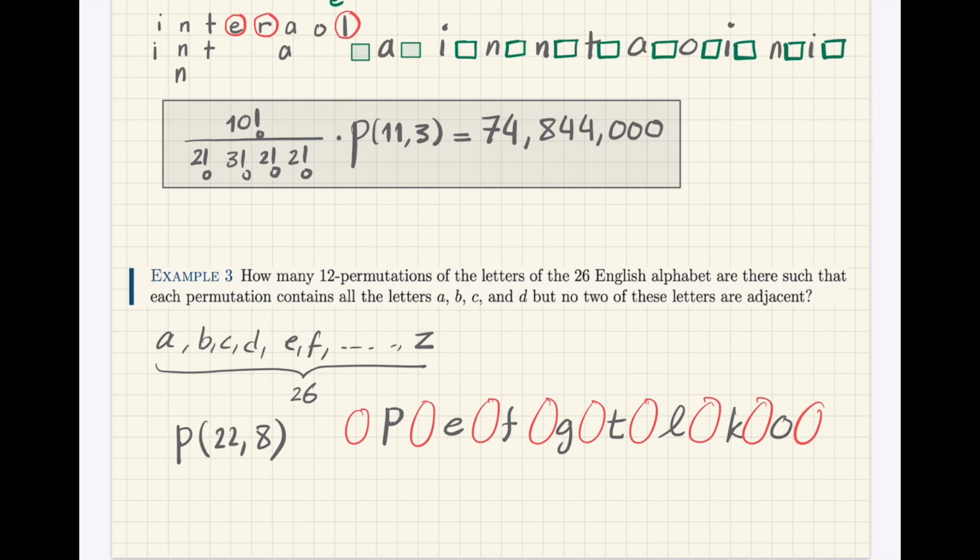The 13 is not correct because now 1, 2, 3, 4, 5, 6, 7, 8, but how many empty spaces do I have? I have 8 letters, so 9 empty spaces. Yes, the first part was completely correct. The second part is half correct, half wrong. So this becomes P of 9 and 4. I have 9 spaces and then I need 4 of them. So that is the correct answer. Everybody agrees?